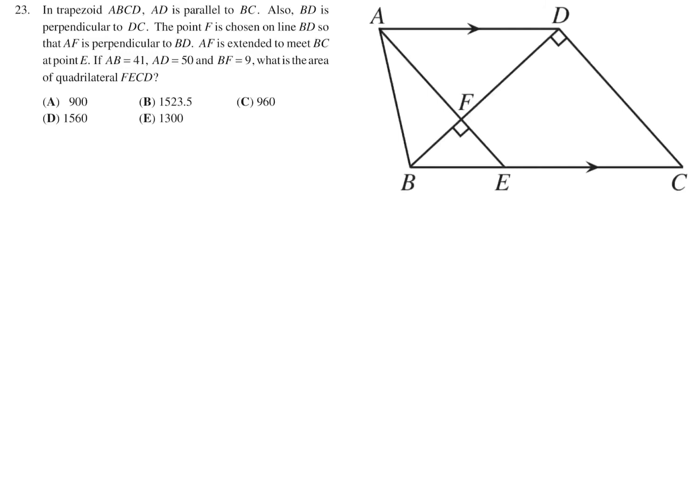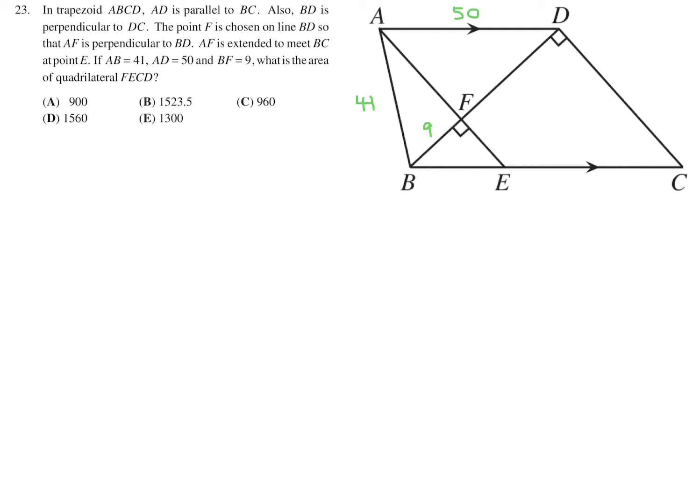So let's try to solve this without making the diagram too messy. AB is 41, and AD up top here is 50, and BF, this small space there, is 9. So these are all right triangles, right?